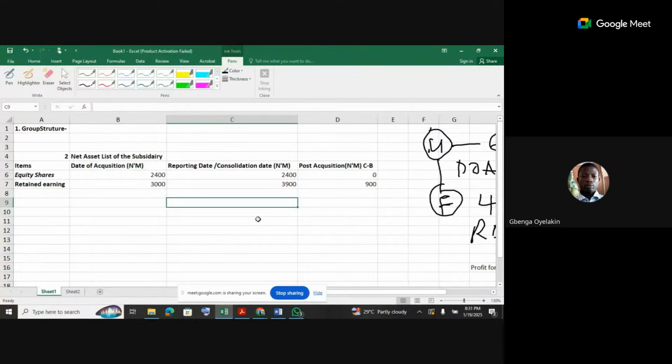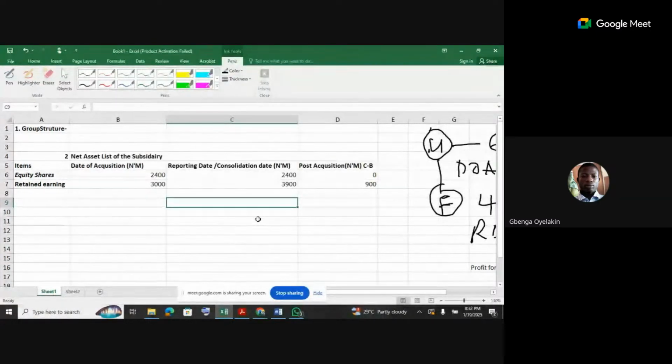So that is for number one. For number two, which is the equity retained earnings, we were not given the opening balance, that is, how much was earned at the date of acquisition, but we were given that for the reporting date, which is 3,900.